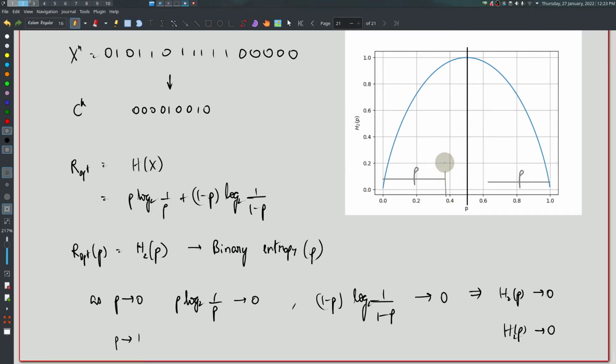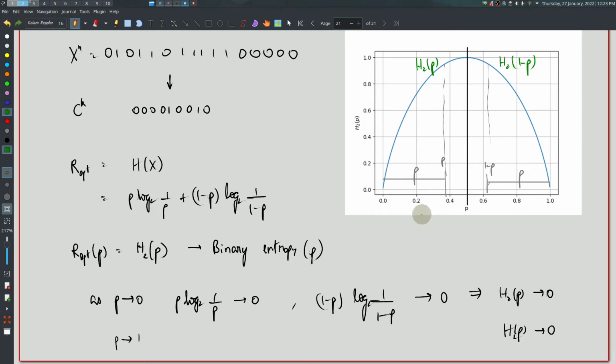So this would be P and this would be 1 minus P. So this distance is P, this distance is also P, this is P, and this is 1 minus P. So therefore the value of H2 of P is equal to the value of H2 of 1 minus P. This is H2 of P, this is H2 of 1 minus P, and both of them are the same.